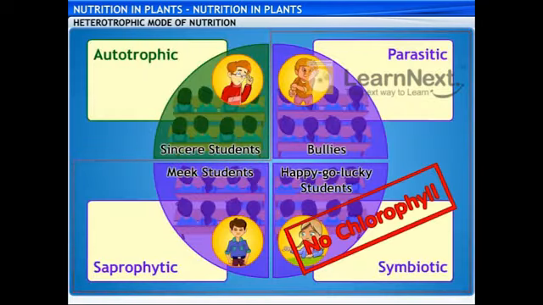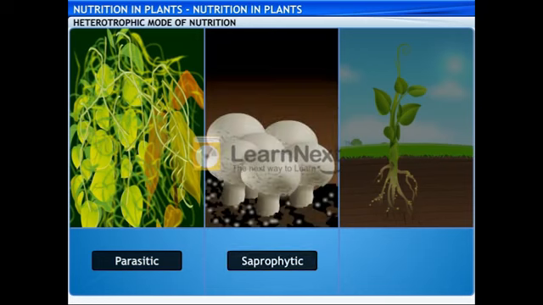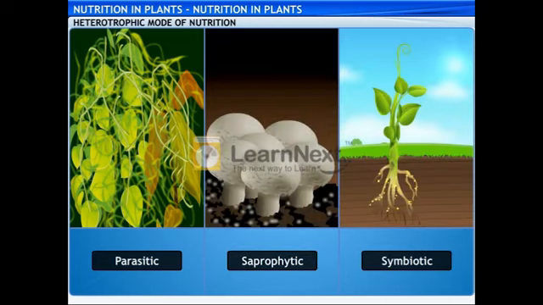Heterotrophic plants don't have chlorophyll and are unable to produce food using the process of photosynthesis. They obtain food from other plants by following either a parasitic, saprophytic, or some other form of symbiotic relation with them for food.